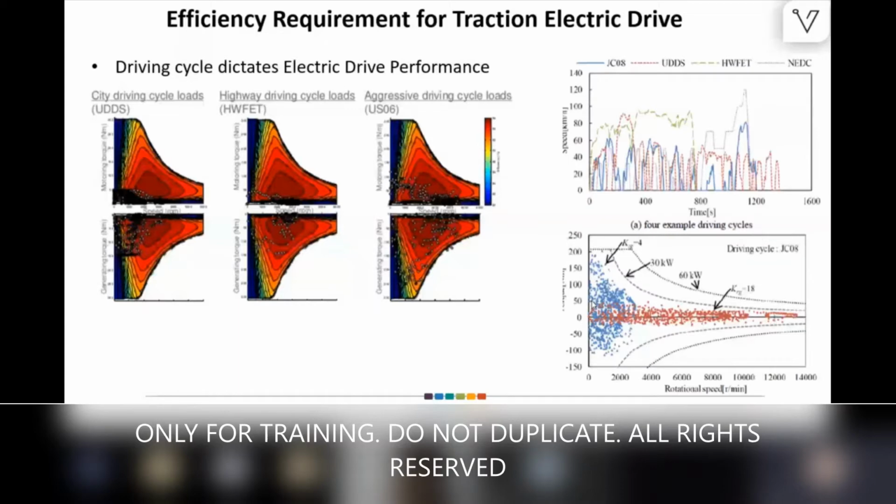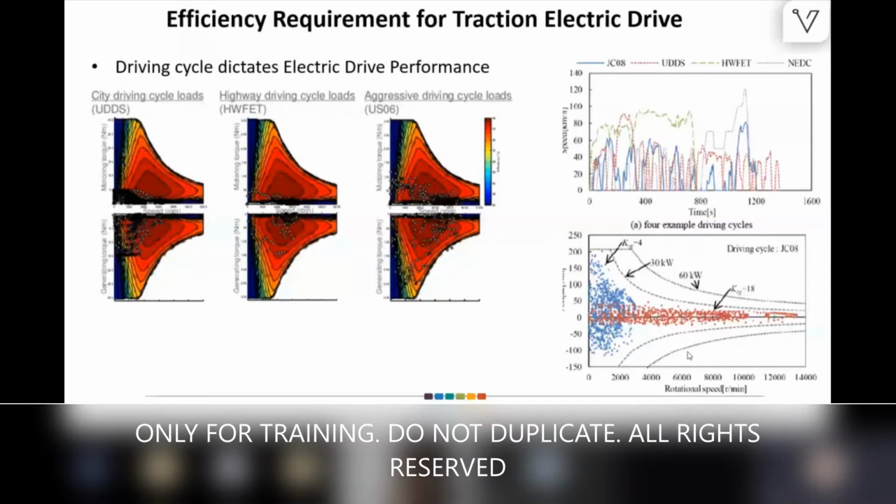If we put this in a little better fashion, you can see on this chart, for highway driving, you can expect that you need the full range, the full spectrum of your speed to operate. The vehicle will operate, and we have to put our electric drive in it, considering that. For a city drive, we may end up in this kind of a residency.